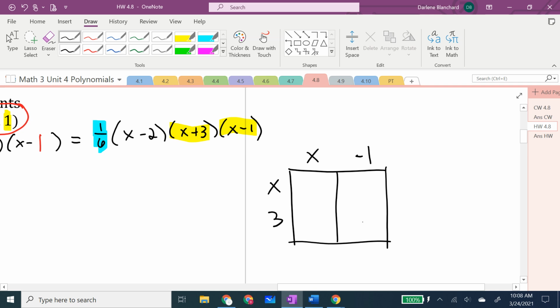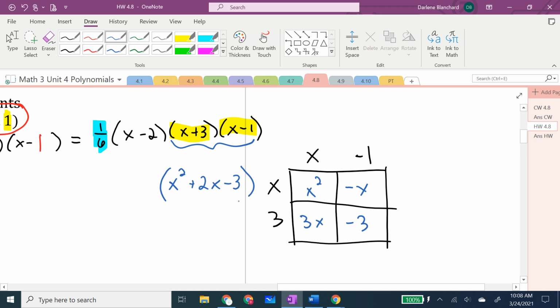All right, then multiplying those 2, I have x squared minus x plus 3x minus 3. And this becomes, add like terms together. And now I'm going to bring back the fact that I still have to multiply by 1/6 and x minus 2.